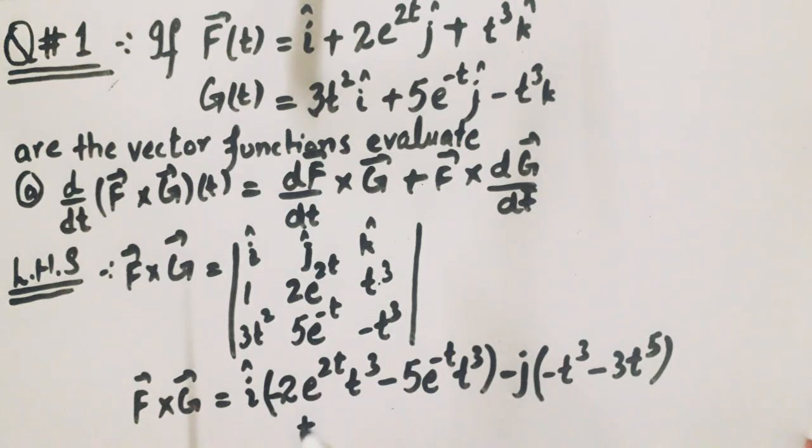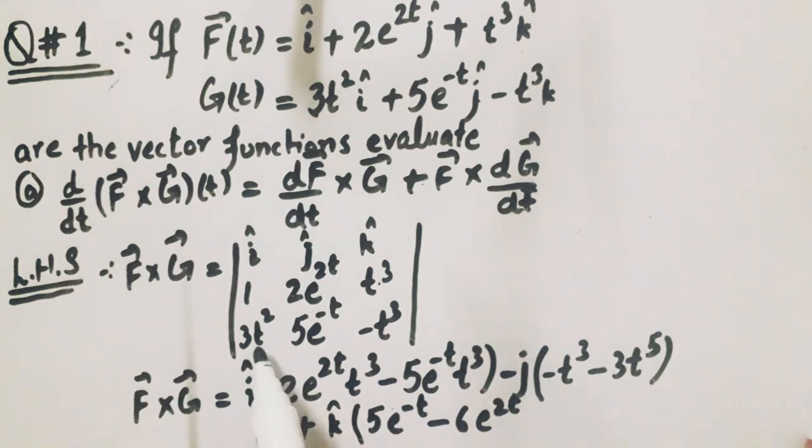Next is plus k: it will become 5e^(-t) minus 3 into 2, which is 6e^(2t) t^2. So this is the answer of f cross g.